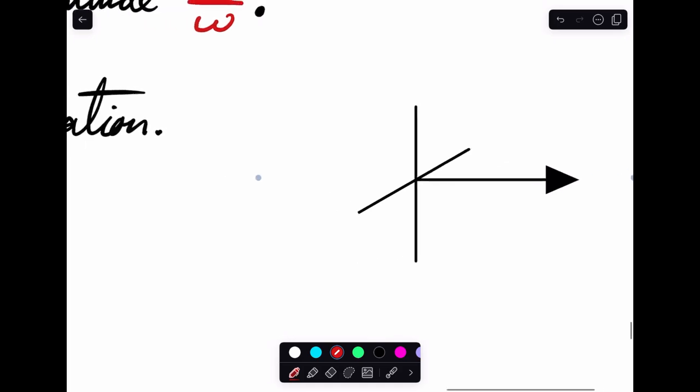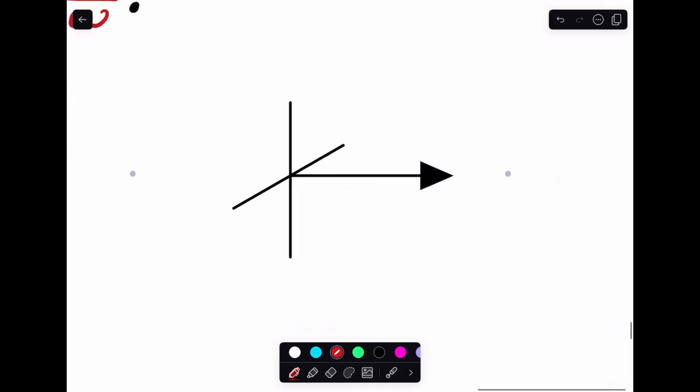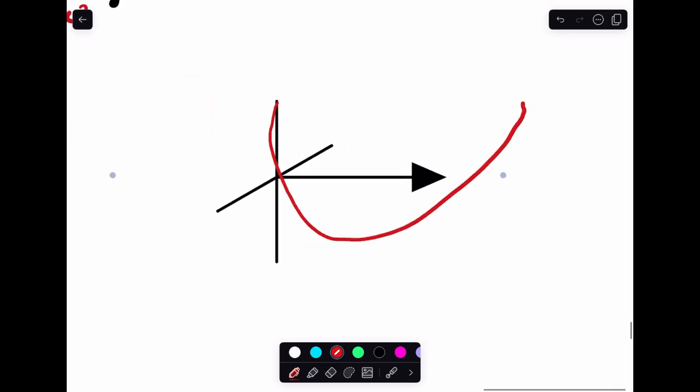You'll have the electric field will go like this. So you have in the electric field, you end up with, I'll just do this. So you have a vector going up to it.